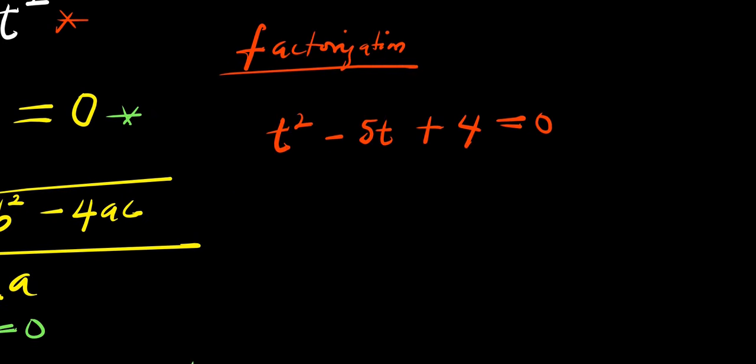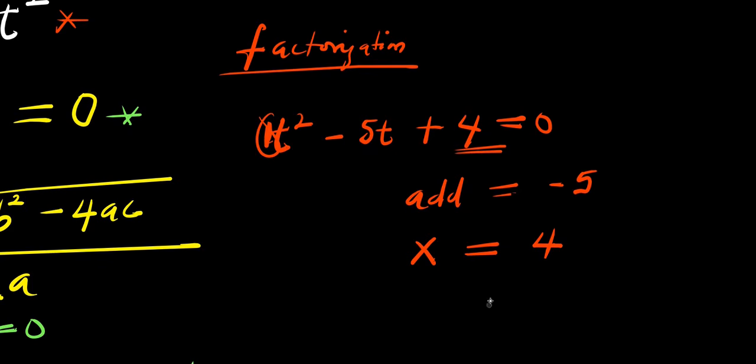You need two numbers that when you add, you are going to have -5, which is the coefficient of t. And when you multiply, you are going to have +4, which is the product of the coefficient of t squared, which is 1, and the constant, which is 4.